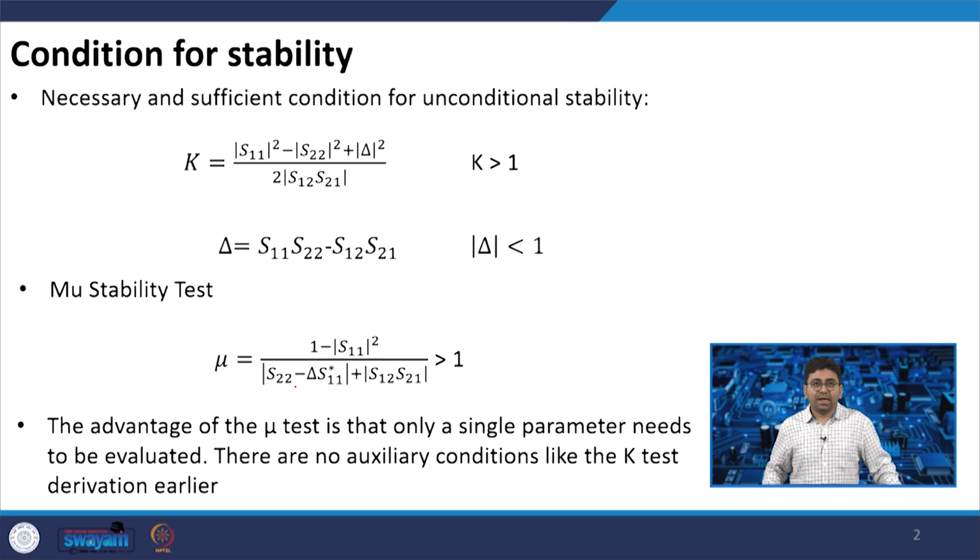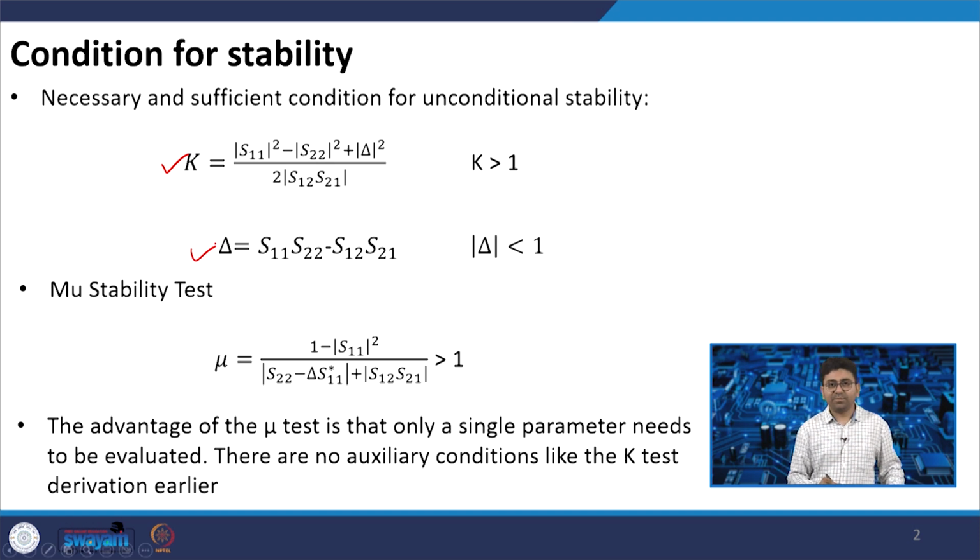Now there is another method also. Drawing the stability circle is one method. By using equations also you can find out whether your system or amplifier is unconditionally stable or potentially unstable. For that there is a K delta test or a mu stability test. There are two equations, K and delta.